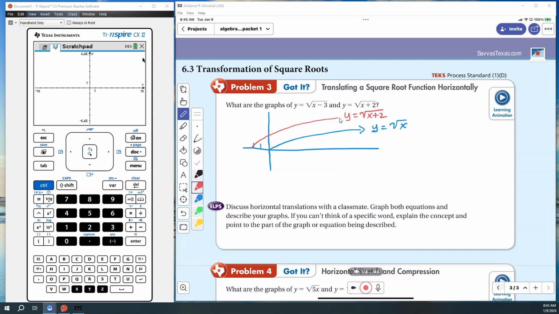And the minus 3 is going to move it to the right 3 units, y equals square root of x minus 3. And I'm going to take the time to show you on the calculator. So just give me a minute here. Now you can see the blue one is the parent function. The plus 2 moves it to the left, and the minus 3 moves it to the right. And it matches my graphs there.